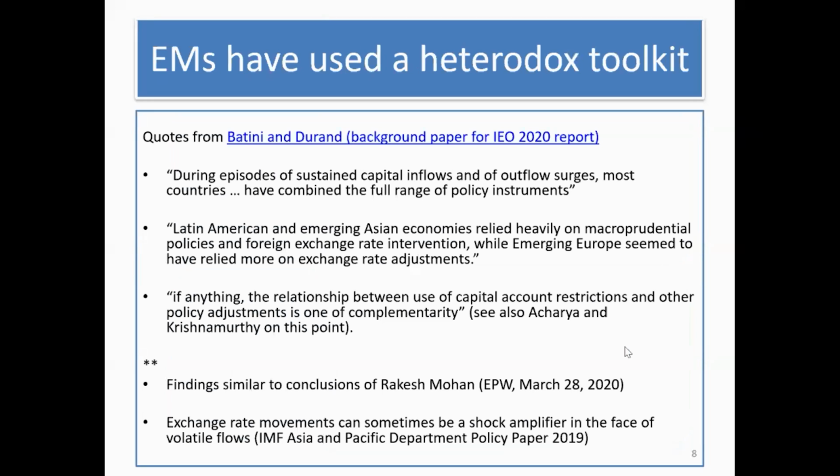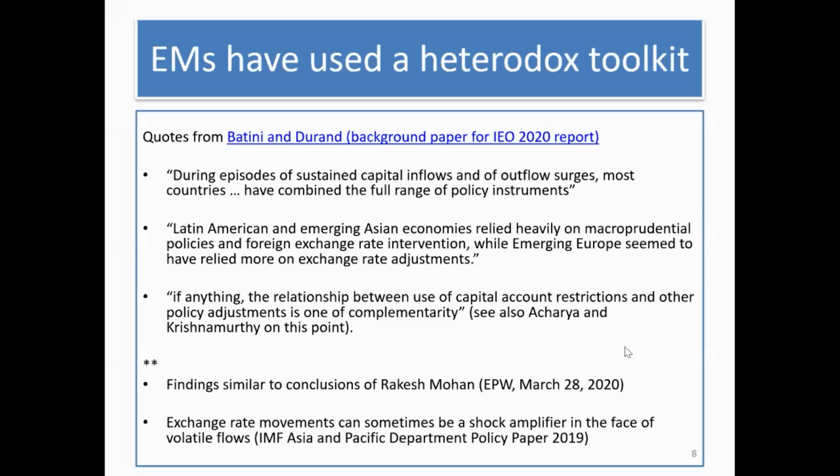Fiscal policy and other instruments were also adjusted, the instruments beyond the ones that Ila and Rajeswari look at in this paper. So countries generally adjust in the right direction. Sometimes they cannot adjust fiscal or they choose not to, but they try to move all instruments in the right direction. And then there are some differences across countries.